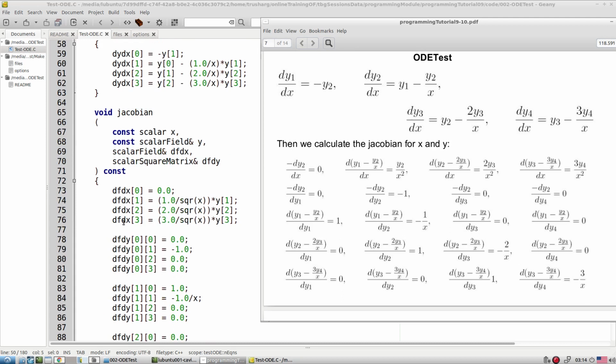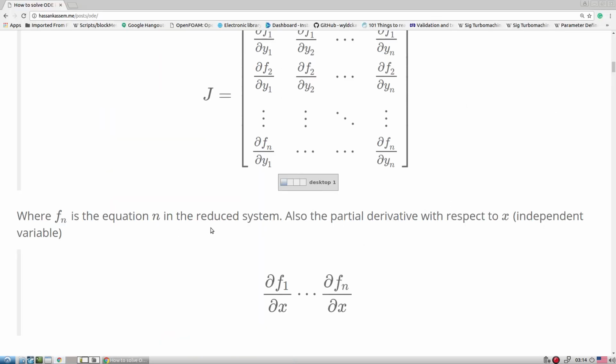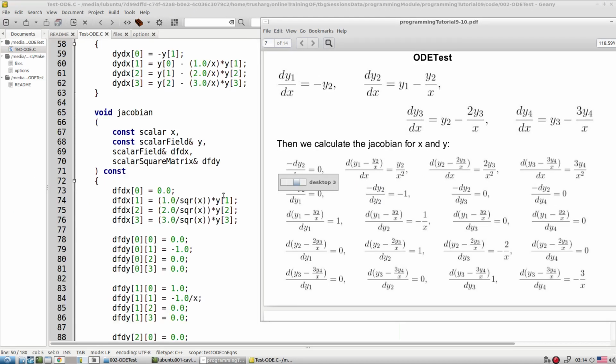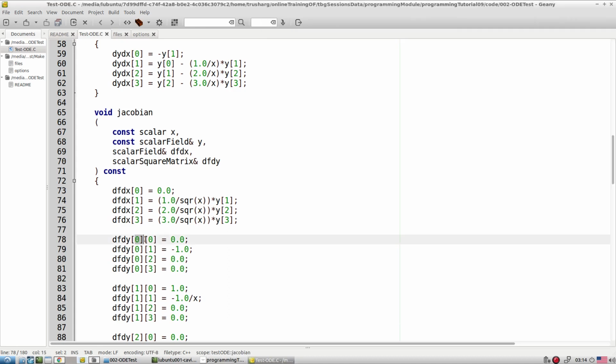This is the independent part of the Jacobian, that is del f1 by del x, del f2 by del x, del f3 by del x, del f4 by del x. So that is exactly this del f by del x, 0 1 2 3 4, and this is about all these entries.